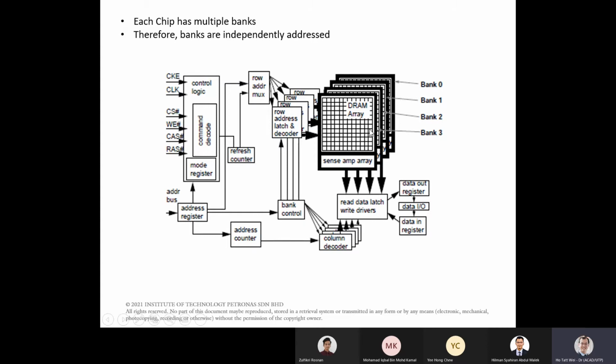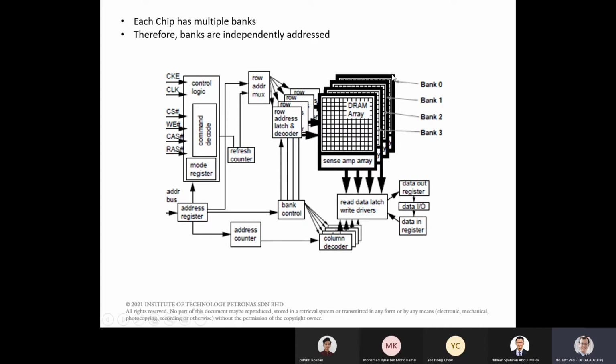Just as you can pipeline instructions to a processor, I can now pipeline read or write instructions, right? Because each read or each write is an instruction. Okay, I can pipeline the read and write instructions to different banks within the same DRAM chip.